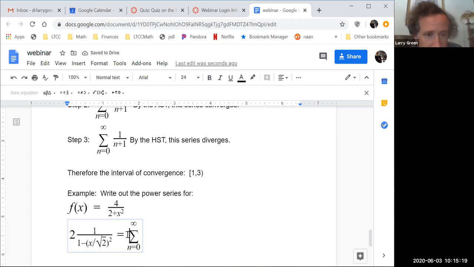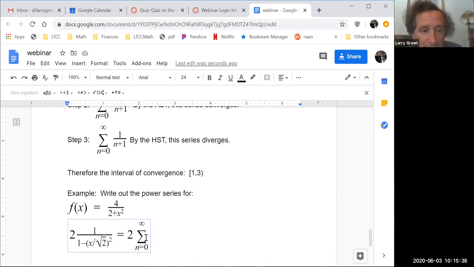And in fact, I'm going to pull the 2 out completely. And what we get is x over root 2 to the n. Okay, is that clear?